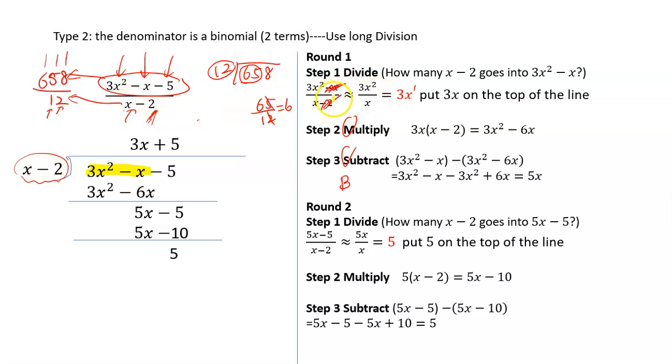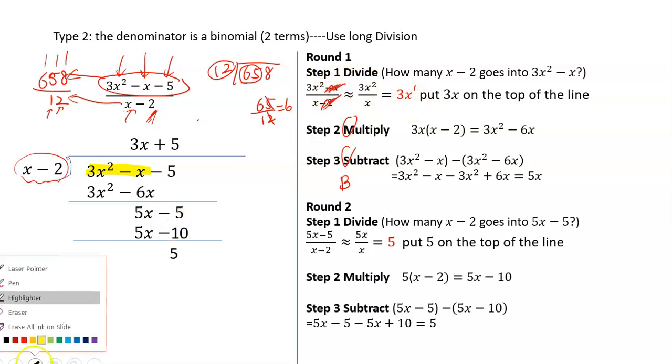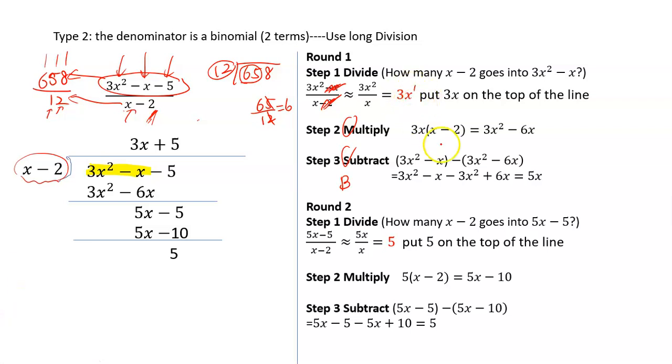But because that's too difficult to do, we can just ignore the second terms to get something to start with. So we got 3x. And again, the quotient always goes on top of the line. So we put 3x here.